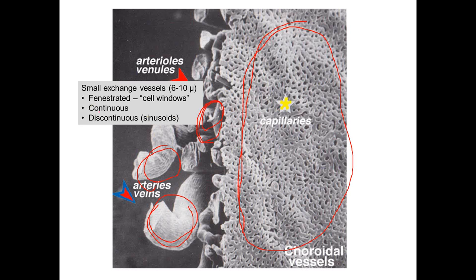And others are continuous, so the blood flows simply through a vessel just like it would through any other vessel. But they're small, 6 to 10 thousandths of a millimeter. So all that blood that's pumped out of the heart gets disseminated and distributed via these capillary networks. Okay, these capillary networks which cover our bodies.